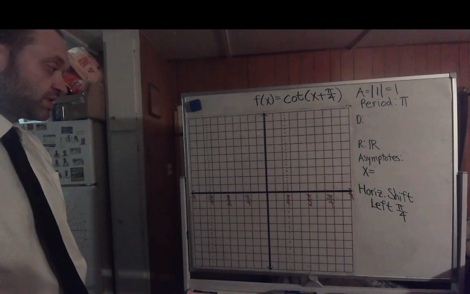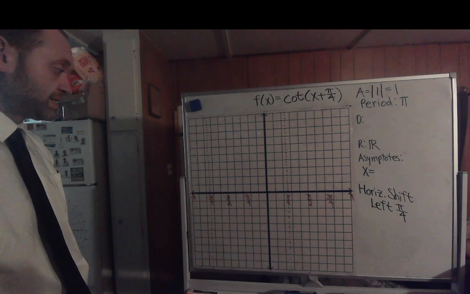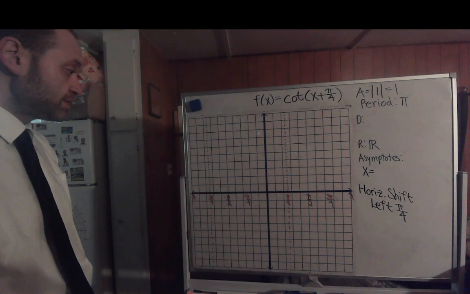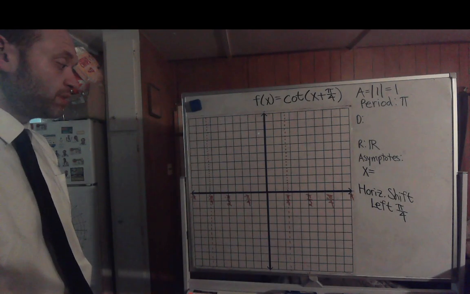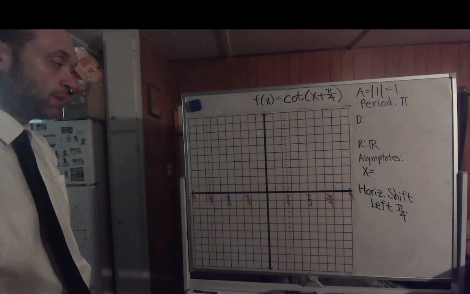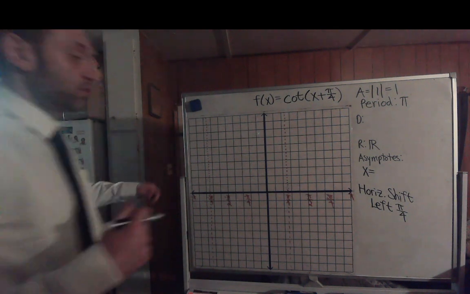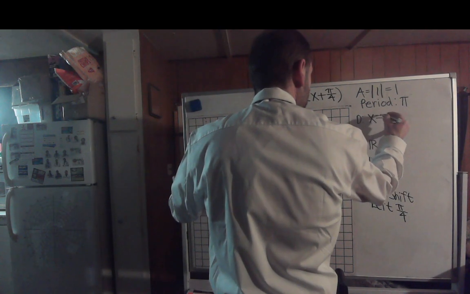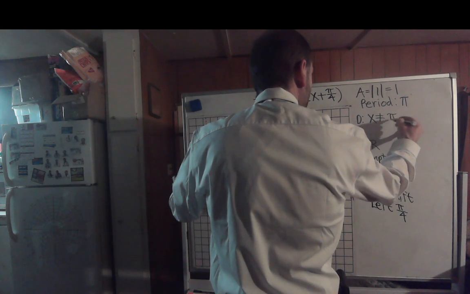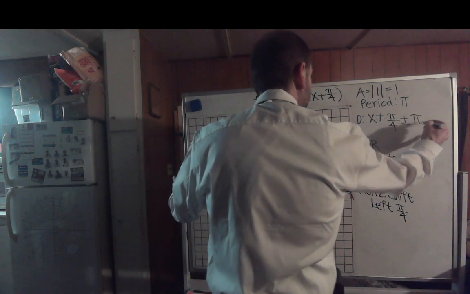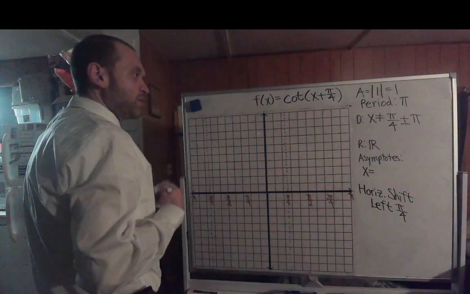This is actually then going to be at any multiple of pi over 4 plus or minus pi. So your domain is all real numbers except x equals pi over 4 plus or minus pi. So that's a really weird domain.